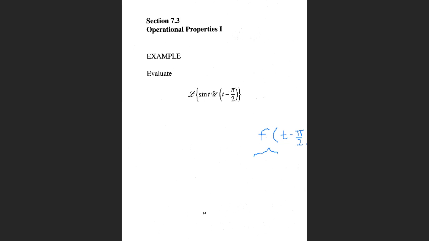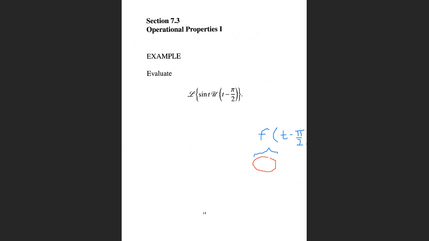In other words, where the sine of t is, in order to take the Laplace transform, we need to write the sine of t as some function of t minus pi over 2.